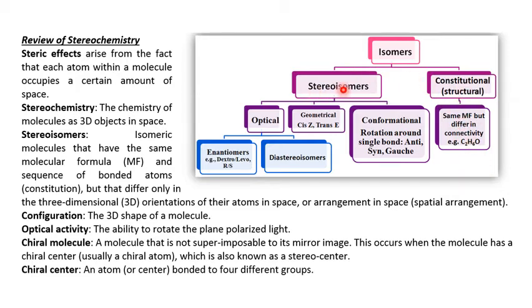And then you have the stereoisomers, and there are three kinds of them. There's the optical, which are able to rotate the plane polarized light, such as the enantiomers, the dextro, levo, R and S, and the diastereomers. And you have the geometric isomers, such as the cis and trans. And finally, the conformational isomers, which result from the rotation around a single bond.